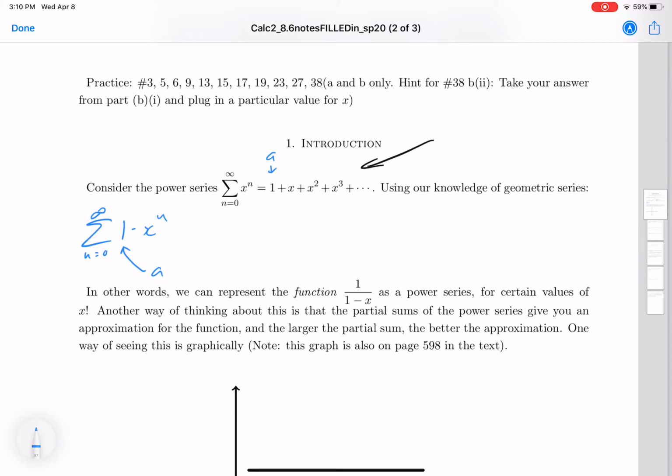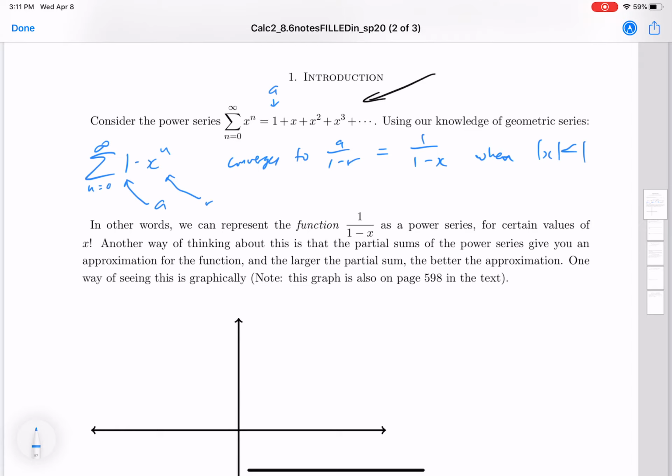And our x is our ratio. So this is going to converge to a over 1 minus r. That's what geometric series converge to. But in this case, that's 1 over 1 minus x. But only in the situation when our ratio, x, with the absolute value of that, is less than 1, right? That's our rule for geometric series.